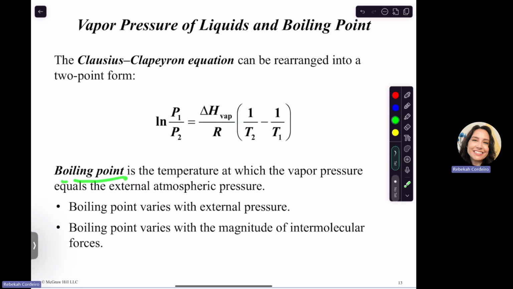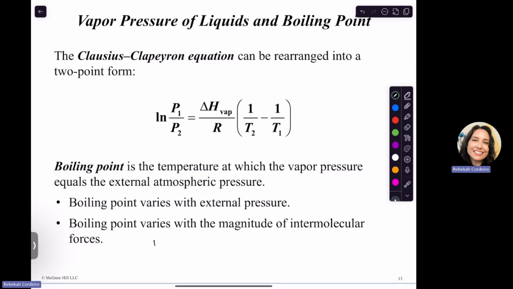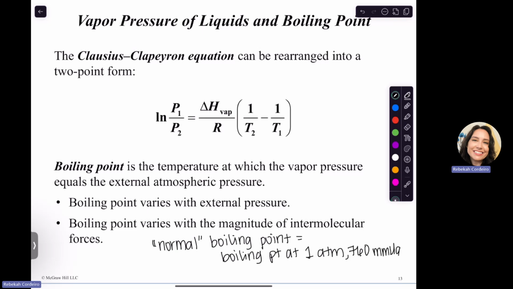I've talked about this before, but boiling point is the temperature at which the vapor pressure equals the external atmospheric pressure. I want to tell you about a term, normal. If I say normal boiling point, it means boiling point at 1 atm or 760 millimeters of mercury or 760 torr or 14 psi, whatever you're measuring your normal atmospheric pressure in.